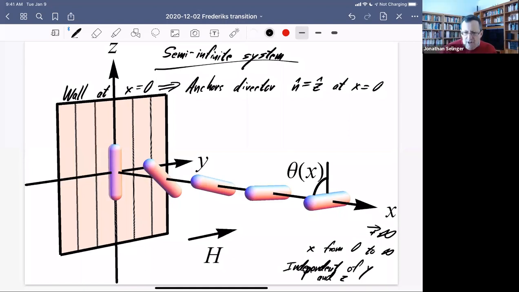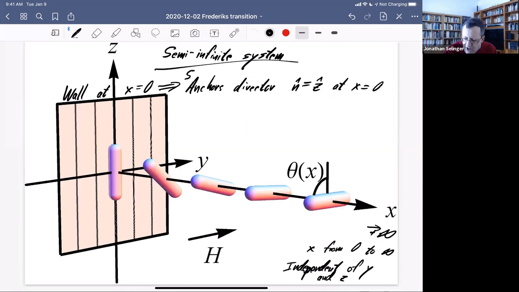For example, there are methods to rub the wall in the z direction, and the microscopic scratch marks from rubbing can tend to align the director in the z direction. So let's suppose that has been done, so that the director tends to point in the z direction at x equals 0.